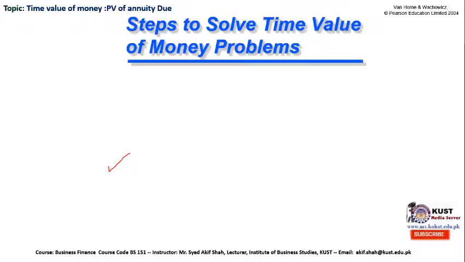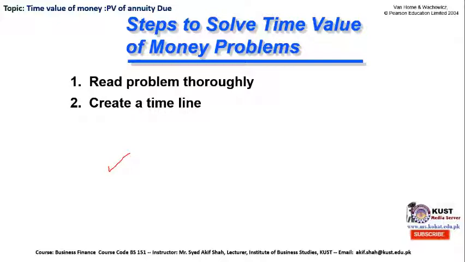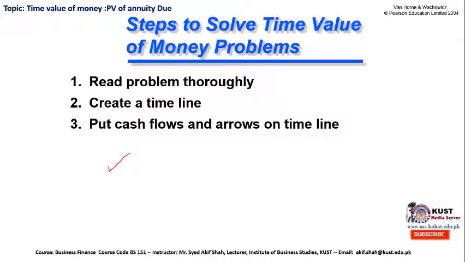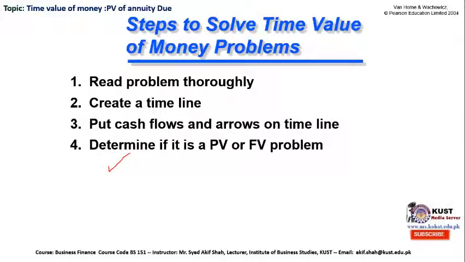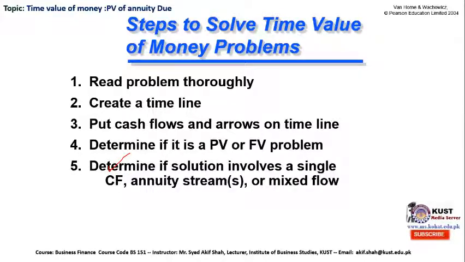The steps or protocol to solve the time value of money problem are once again the same. Most important, read the problem thoroughly and carefully, then create a proper timeline, then put the cash flows and arrows on the timeline, determine if it is a present value or future value problem, then determine if the solution involves a single cash flow, an annuity stream, which is the point agenda of today's lecture, or finally a mixed flow, which we will discuss in the final lecture of time value of money.